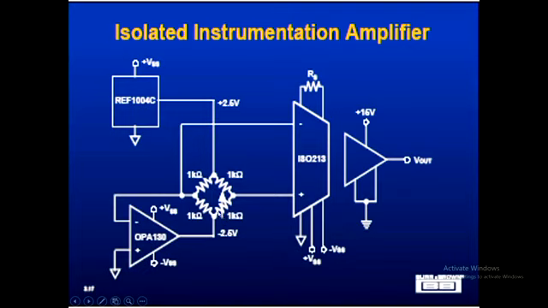It might be sensitive to temperature or strain or some other parameter. The resistance might change with respect to that parameter, thereby changing the bridge voltage. The potential divider here might change in response to an increase in resistance pushing this voltage up, or a decrease in resistance bringing this voltage down.